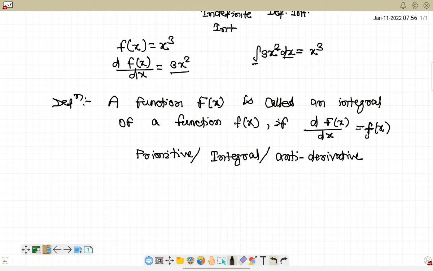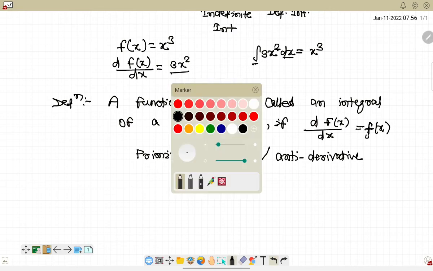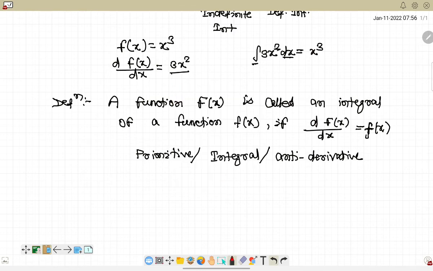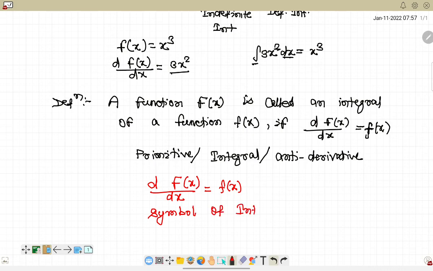If we differentiate capital F(x) with respect to x, then we will get small f(x). Now this time we are using a symbol, and this symbol is called the symbol of integration.